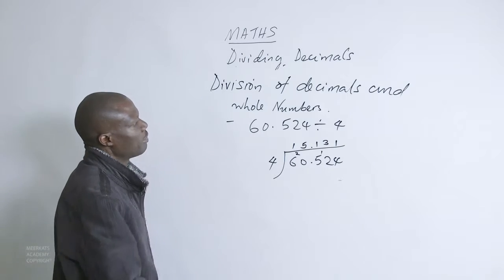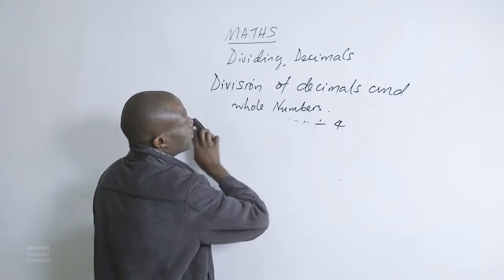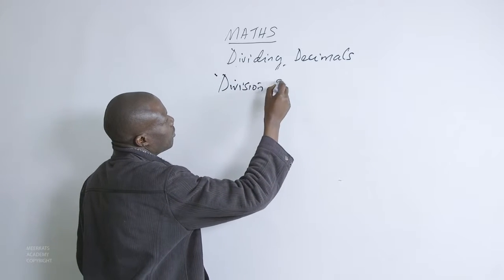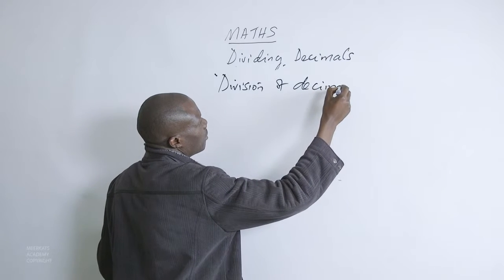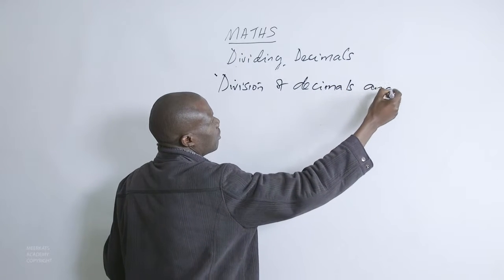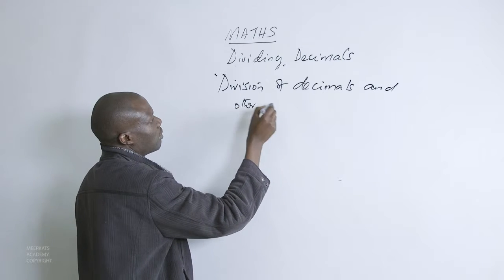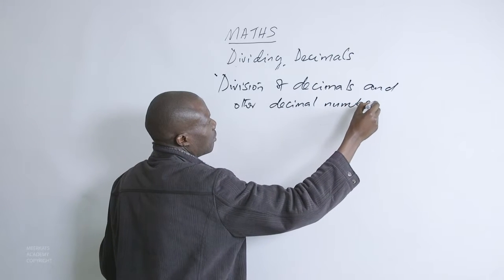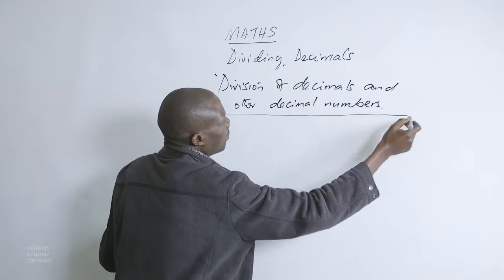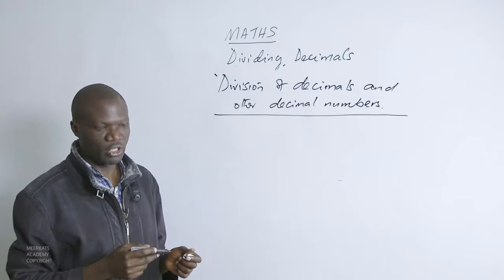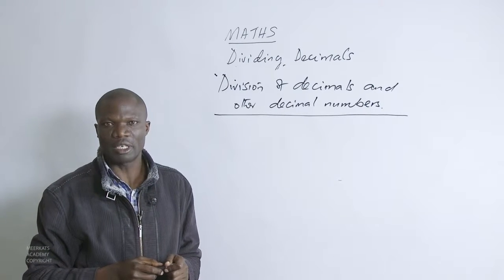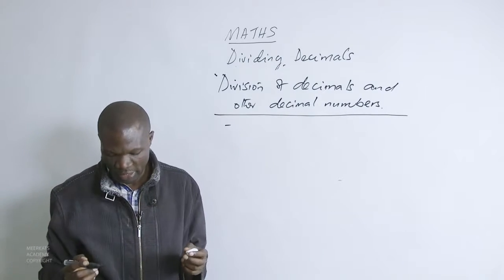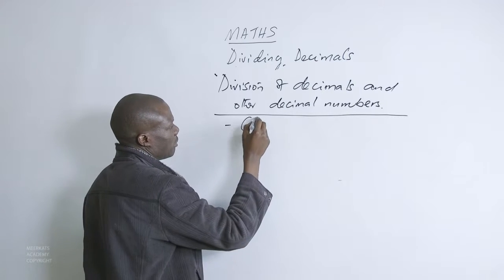The other point to have in mind when dividing decimals by other decimal numbers: first we need to change the divisor into a whole number.